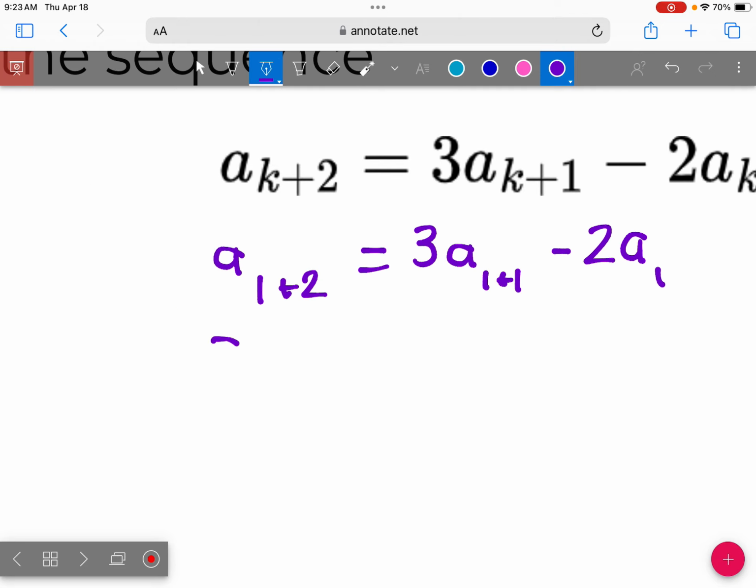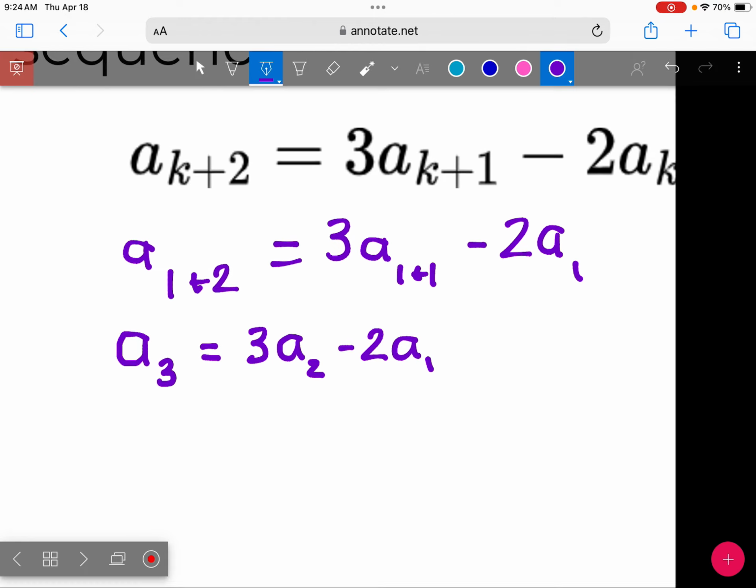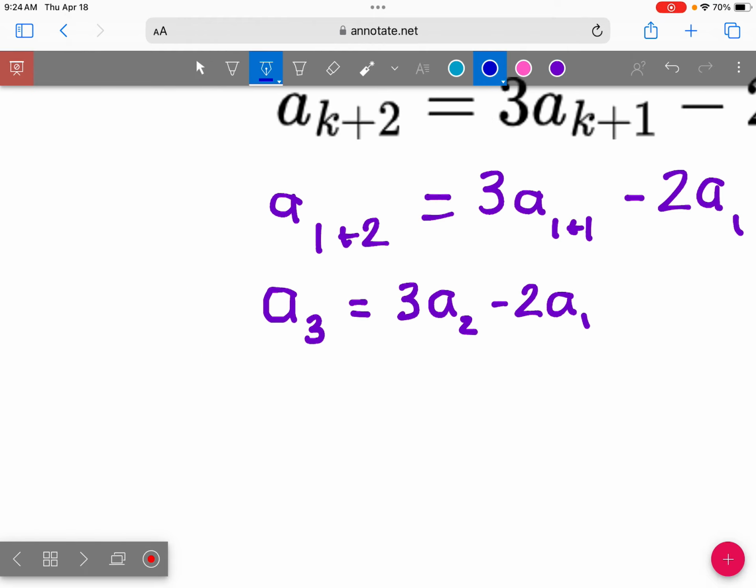So we can also write this, simplifying these out, as a sub 3 equals 3 times a sub 2 minus 2 times a sub 1. So it's using the pieces we know to find a piece we don't. Then we do those substitutions. A sub 3 is going to be 3 times a sub 2, which is 7, we were told that, minus 2 times a sub 1, which is 4.